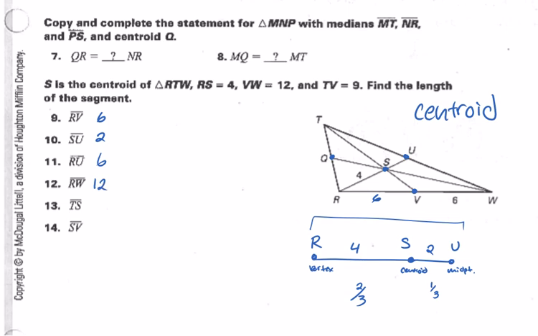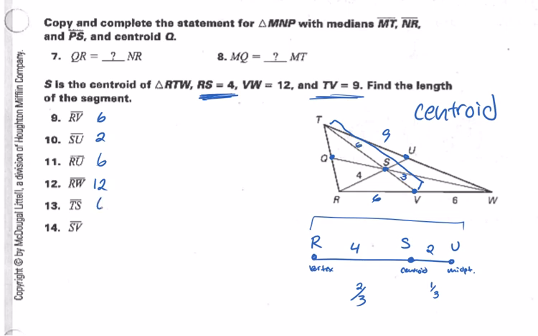TS. I don't have TS anywhere on here, but I am given RS, VW, and TV. Oh, I have TV. TV, this whole segment is 9, so I have to split that into thirds. If I divide by 3, this is the 1/3 piece, that's 3, and I double it, that's 6.